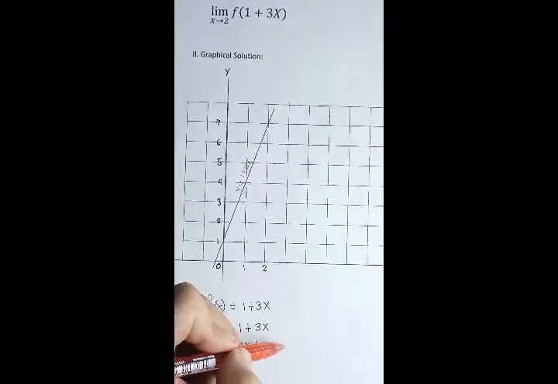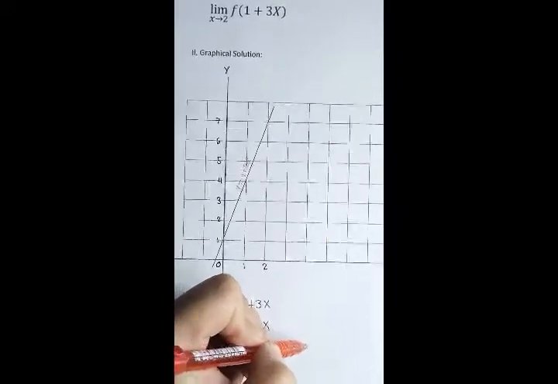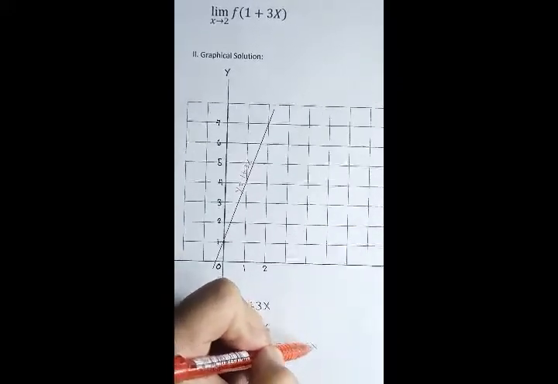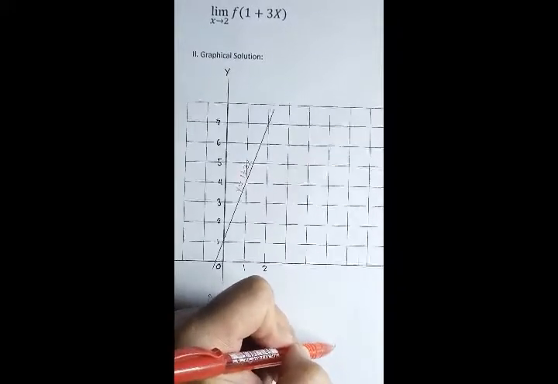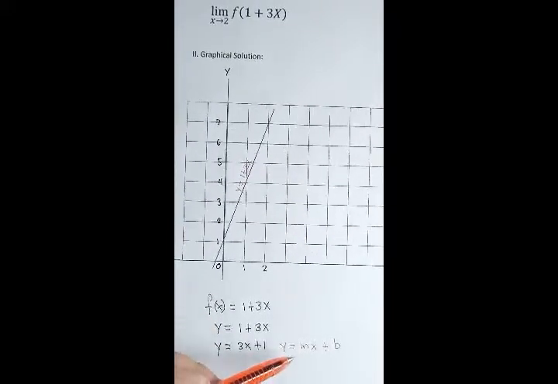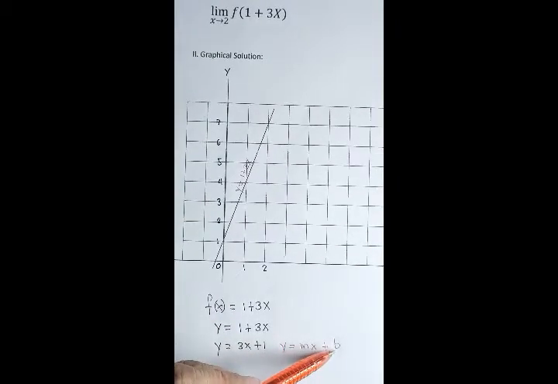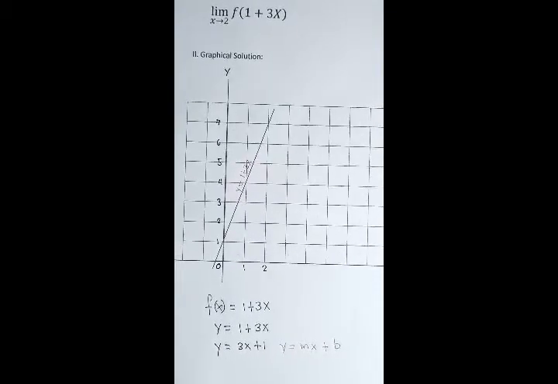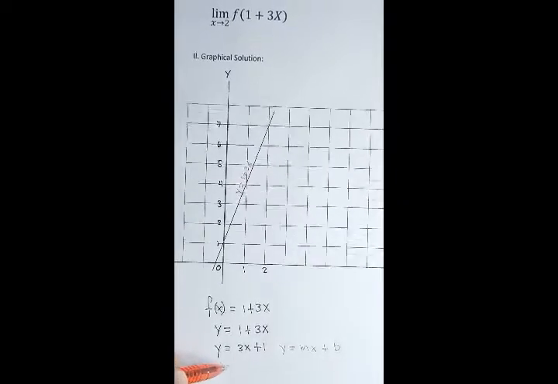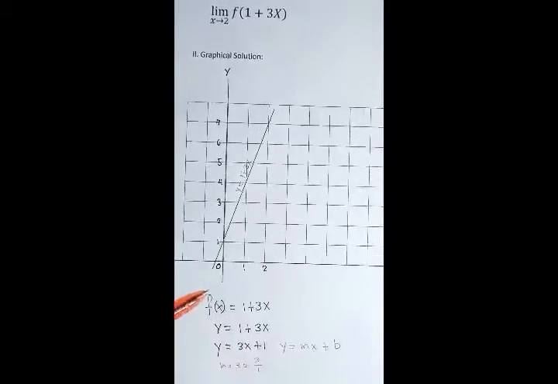Okay. So this y equals 3x plus 1 is a line in the form y equals mx plus b. So it is in slope-intercept form. Our slope is m, and b is our y-intercept. So our m is equal to 3 or 3 over 1.